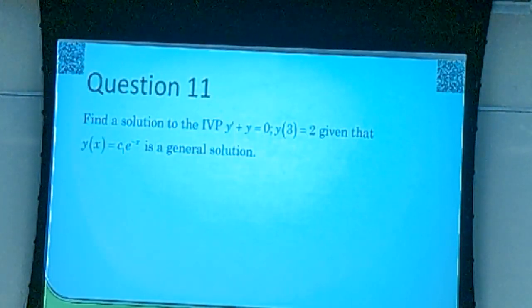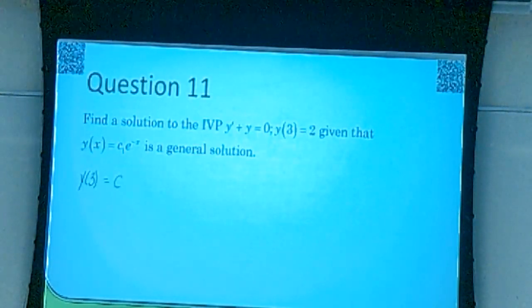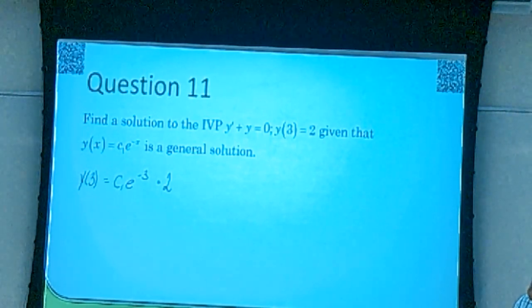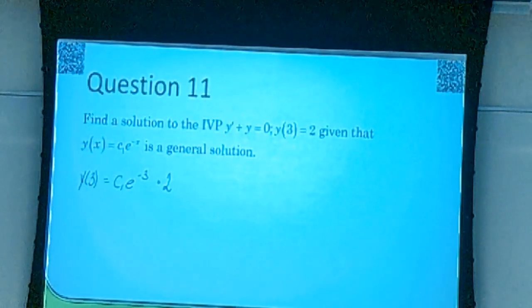We only have the one initial condition. y of 3 would be C1 e to the negative 3, right? And that has to equal 2 by the initial condition. Solve for C1.